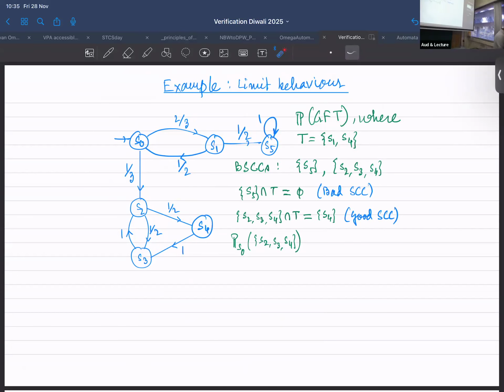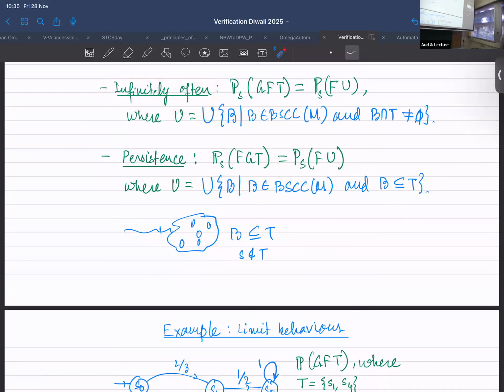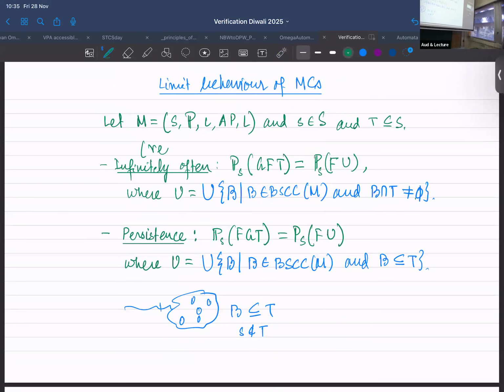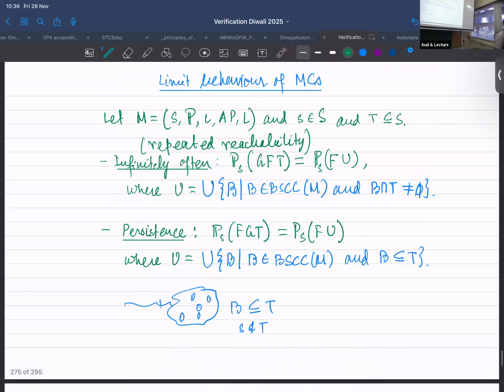By the way, this is also called repeated reachability. You can see repeatedly I'm reaching. And this is like the Buchi property, the persistence, right? Persistence is, sorry, yeah, that's what I meant.